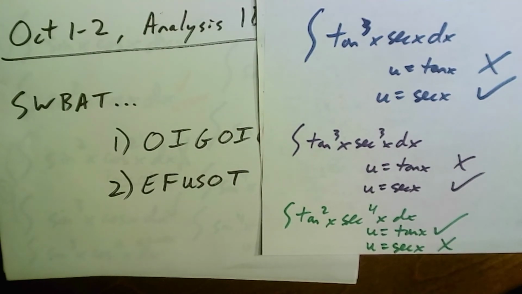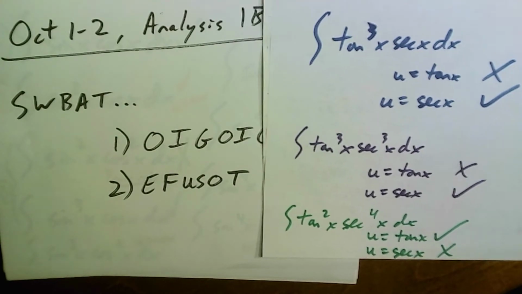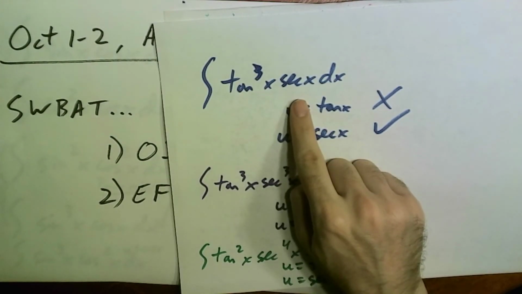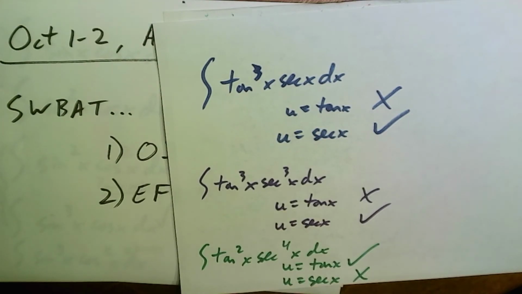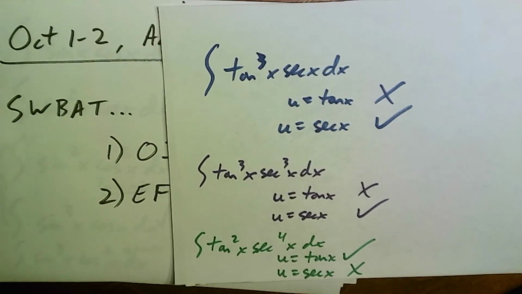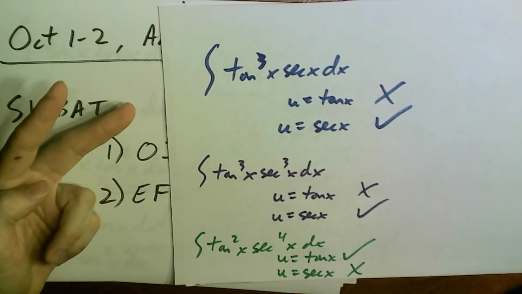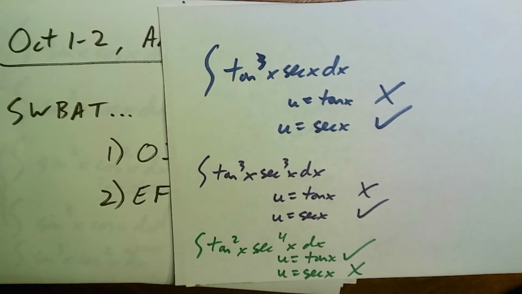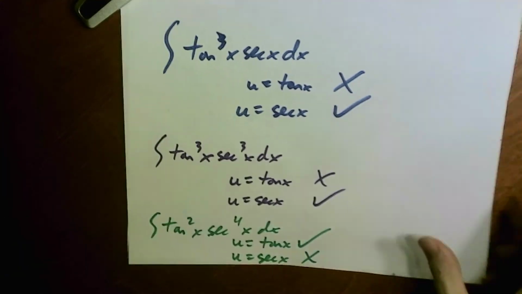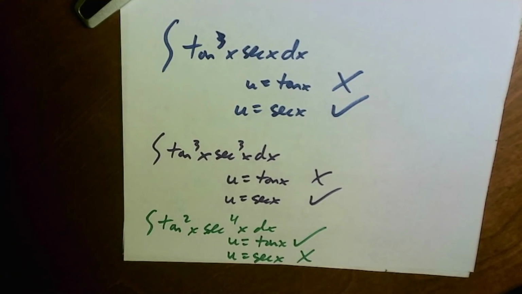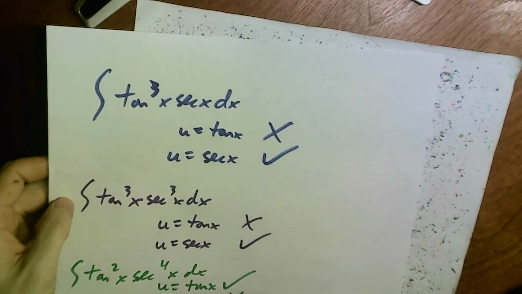When you sub cosine, you steal one sine. When you sub secant, you steal one of your secants and one tangent. But when you sub tangent, you steal two secants for use with your dx, and you want to be left with an even number still. Odd is good, odd is great, except for u subs of tangent.